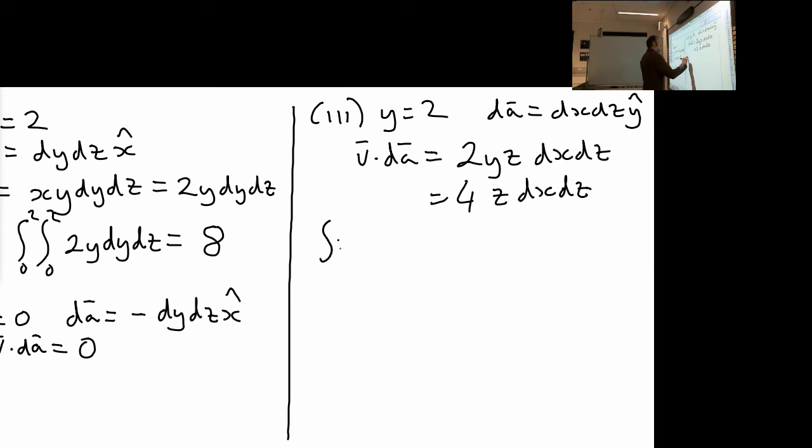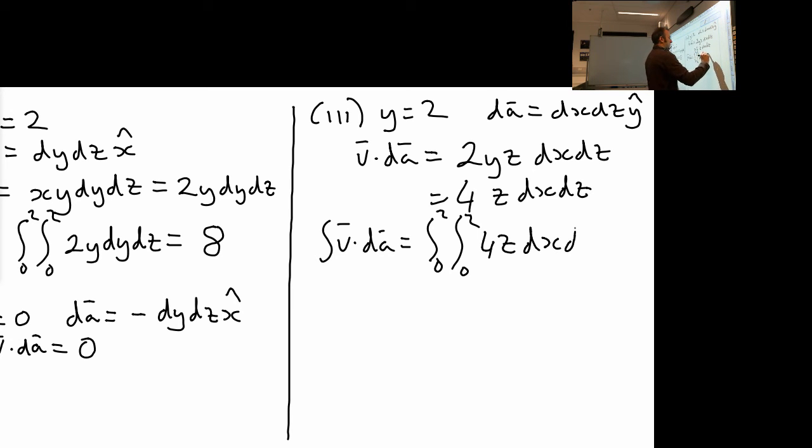Now we take the integral between 0 and 2. If we integrate first of all with respect to x, we're going to get 4zx. This will give us 8z. Integrating with respect to z, we're going to have 8z squared over 2, so we're left with 4z squared. 4 by 4 is going to give us 16.